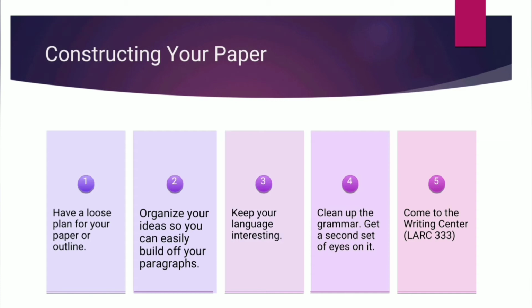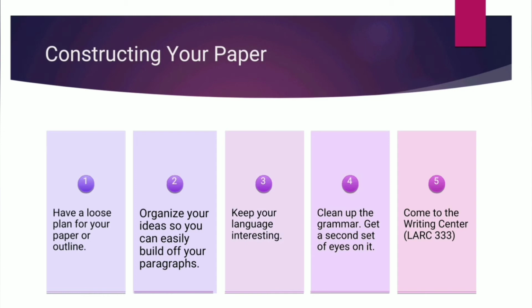That way you'll be able to put all of the like points together so they flow well together and it's easy to make a transition between them. At the Writing Center, I love when students come in and we can sit down and brainstorm together, and then we'll group together our main points so it's very simple to connect the ideas when they're actually writing. Also, when you're writing, you want to be aware of the words that you're using.